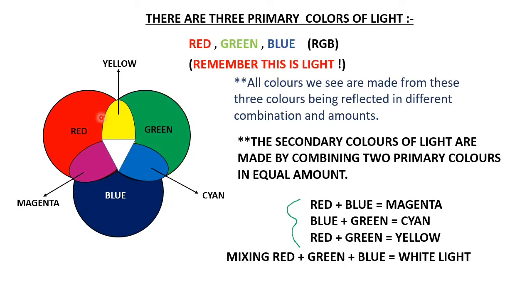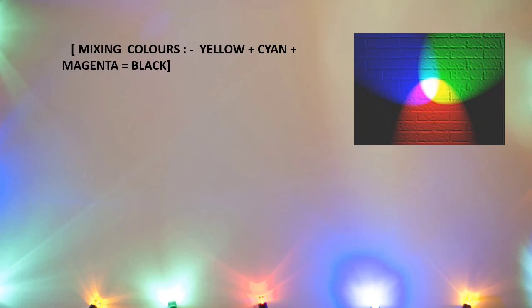When red and green combine, they form yellow. And by mixing all the primary colors, red, green and blue, it forms white. Remember, okay? Let's go to the next. Mixing the colors yellow, cyan and magenta gives the black color.